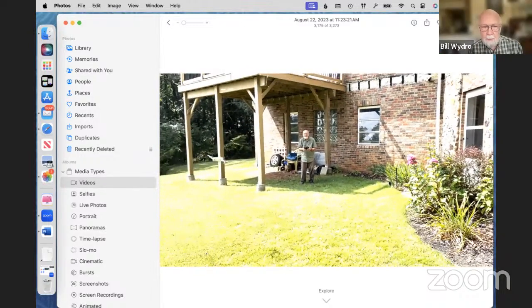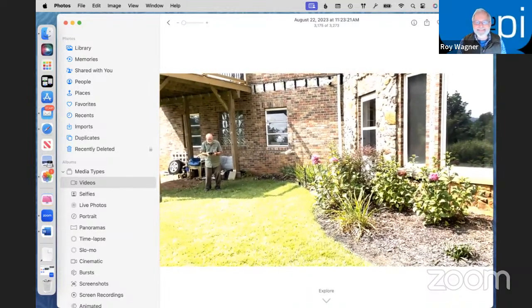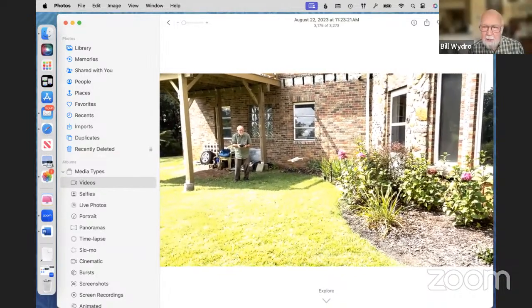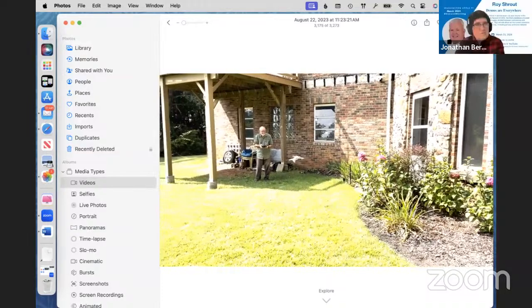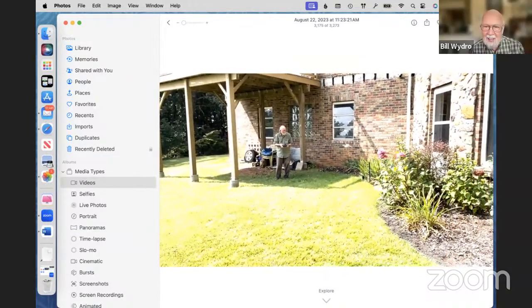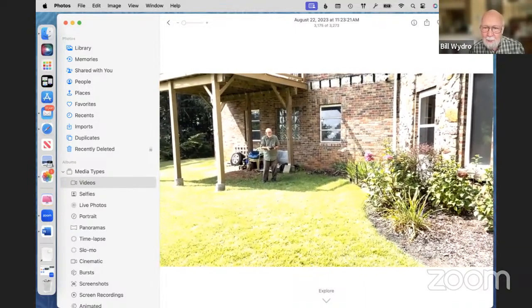That's my wife taking the picture. I'm trying to control it. Is this your first drone experience, Bill? It is. I'm trying to get used to the joysticks, and I'm trying to get a picture of the flowers.